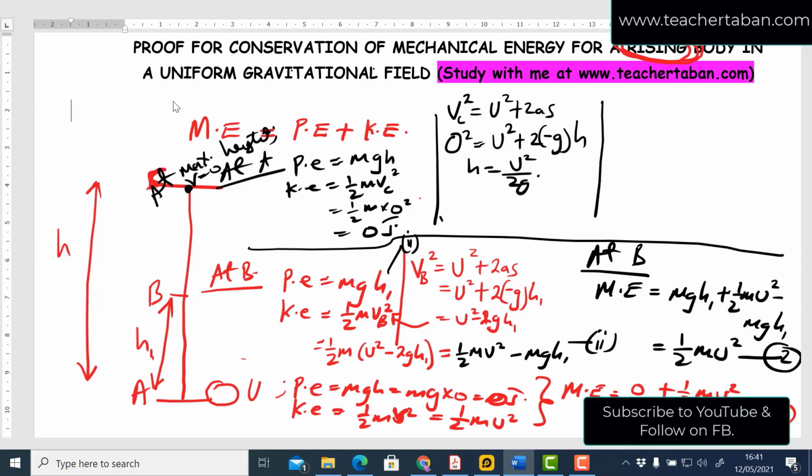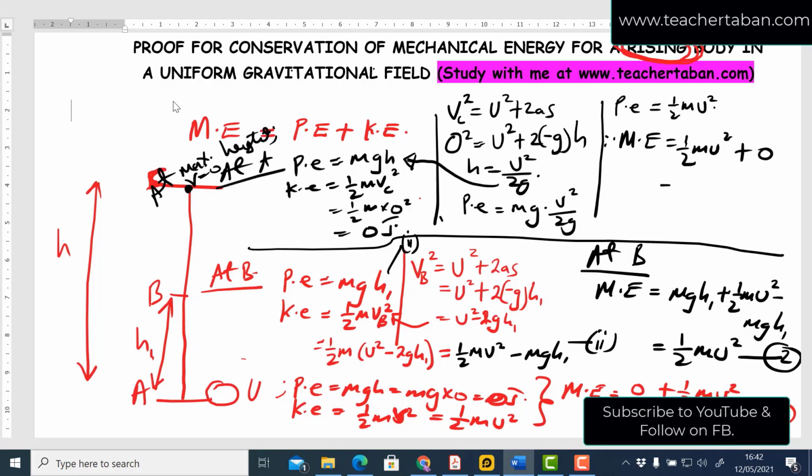So when we express this in the equation of potential energy, we have mg into u squared out of 2g, and therefore the potential energy is equal to a half mu squared. So at point C, the mechanical energy is a half mu squared plus 0, which gives us a half mu squared, and that is our equation 3.